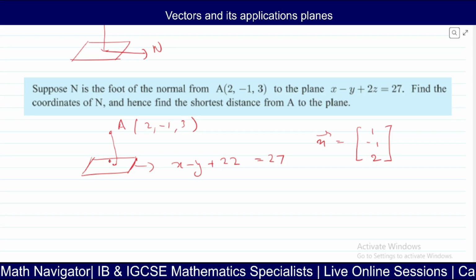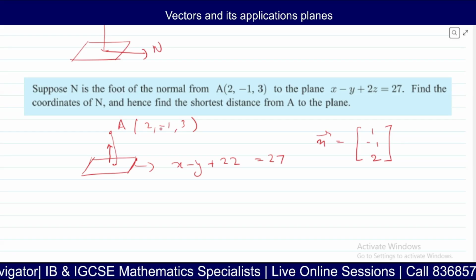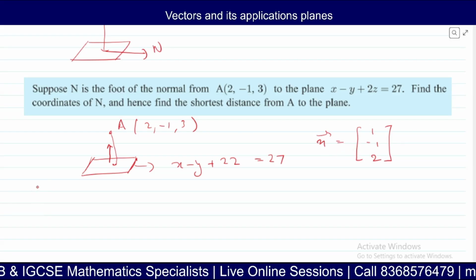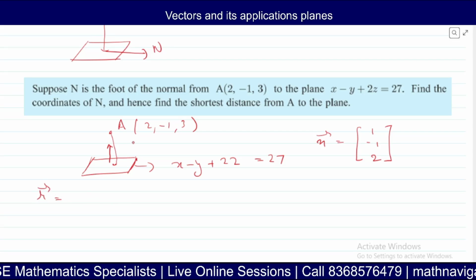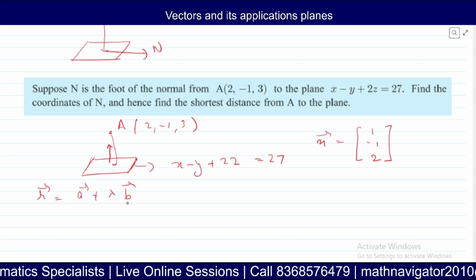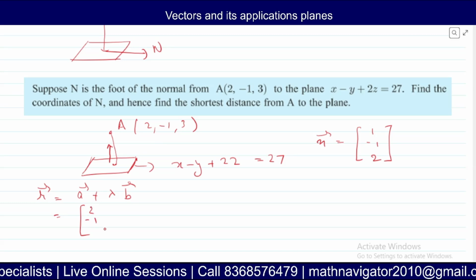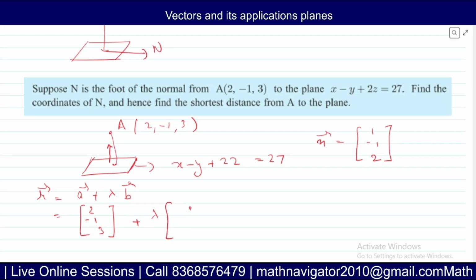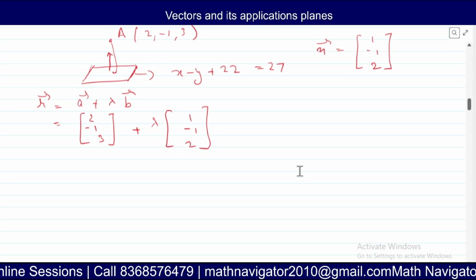I have a point on the line (2, -1, 3), and this is the direction vector of the line. So the equation of the line will become vector r is equal to vector a plus lambda vector b. Vector a is the point (2, -1, 3) plus lambda times (1, -1, 2). So this is the equation of the line.